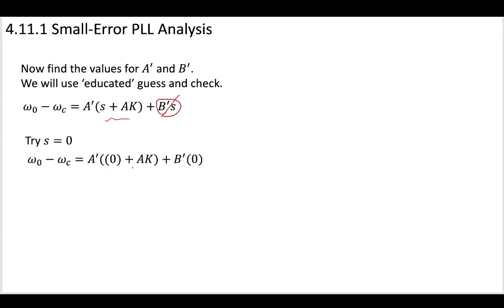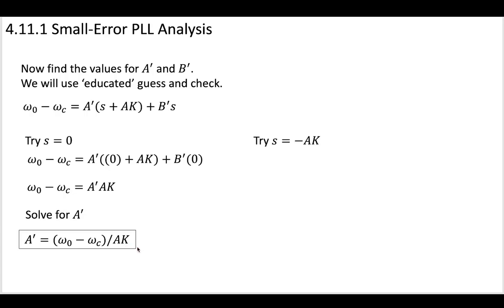Inputting s equals 0 makes the B prime term go away, and now we're left with something we can clearly solve for A prime, and we can see that A prime is quantity omega naught minus omega c divided by AK. And again, this omega naught is the different frequency that is coming in at the input, and these are some constants related to our system.